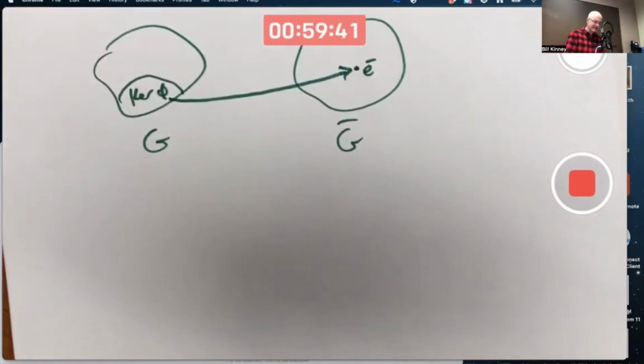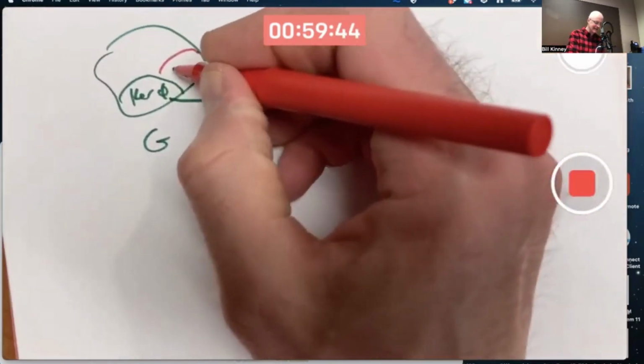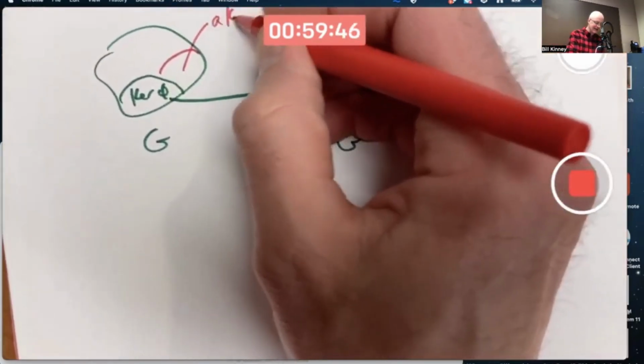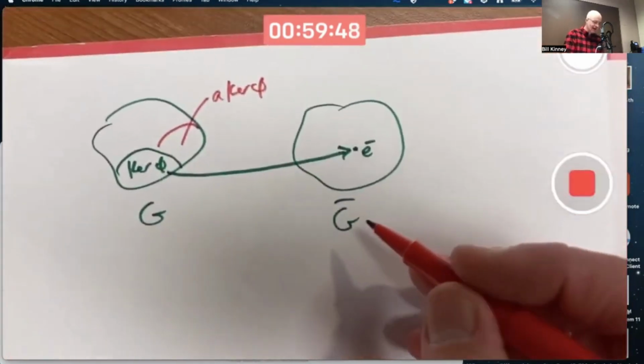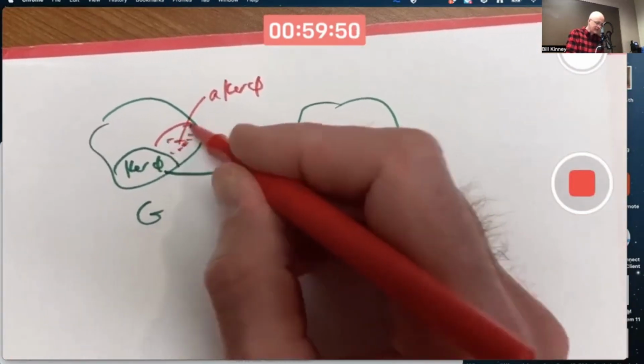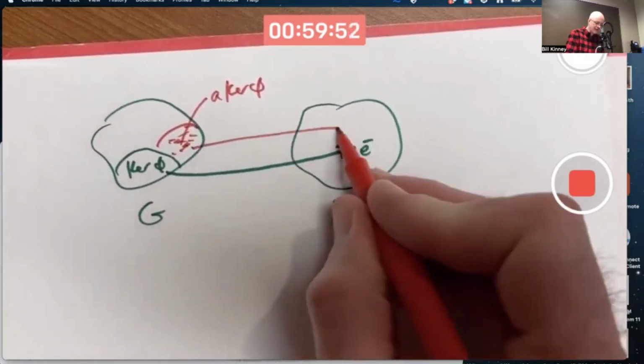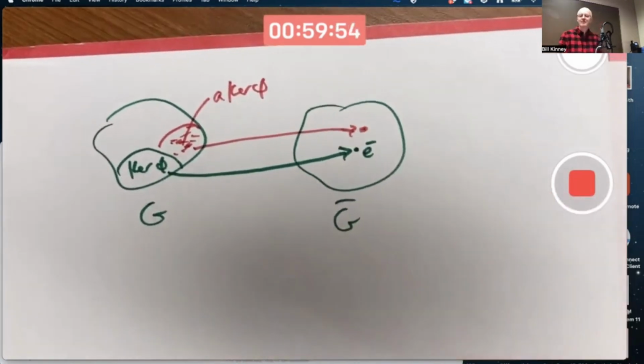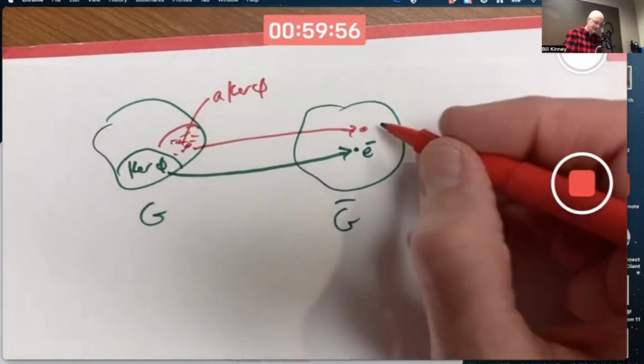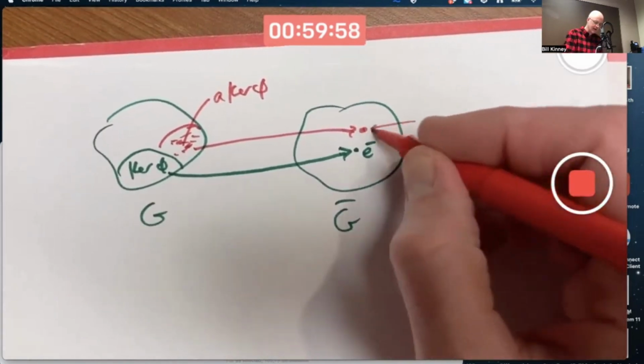Other cosets, like this one, say a Ker phi, everything in there, what that fact we just looked at implies is they all get mapped to one thing. Call it phi of a.